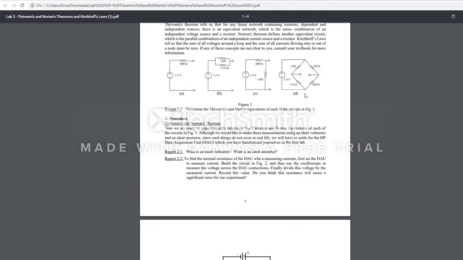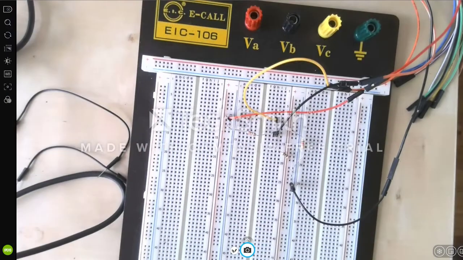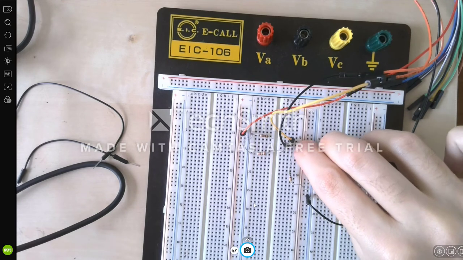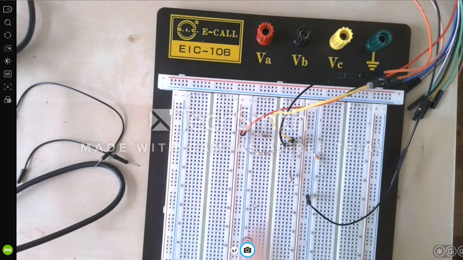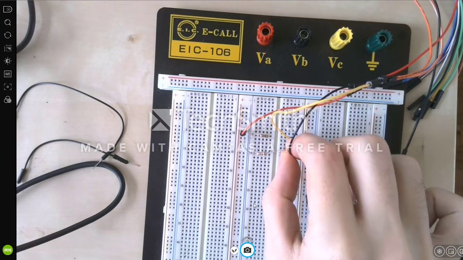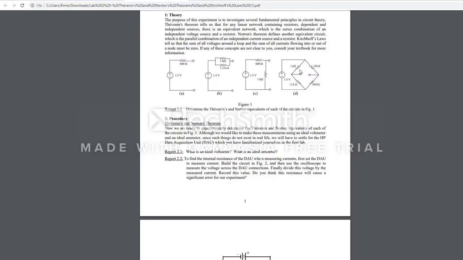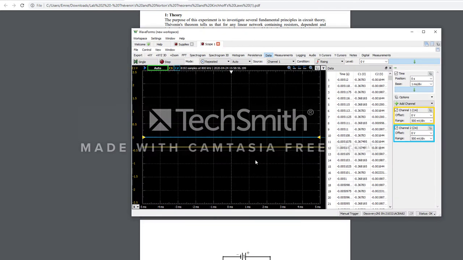So we were constructing the fourth circuit. Now all the resistors are in their right place, and we are taking the measurement at this junction. In the schematic, it corresponds to here, and in the waveform it's around minus 0.368.